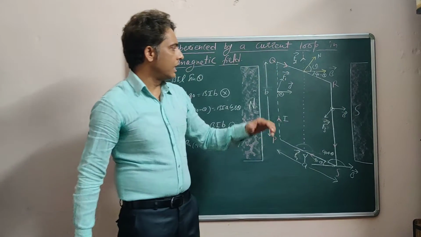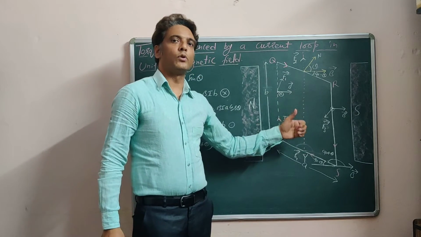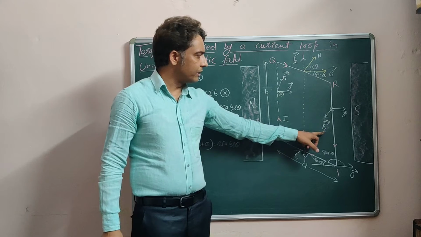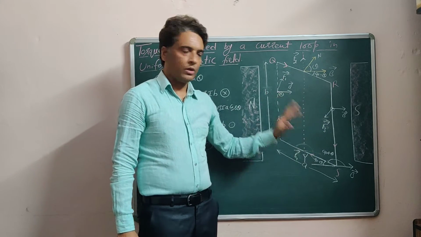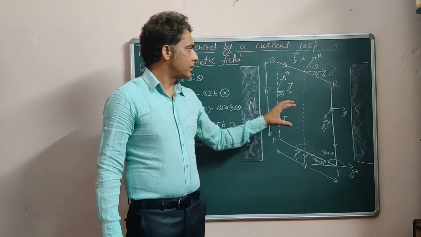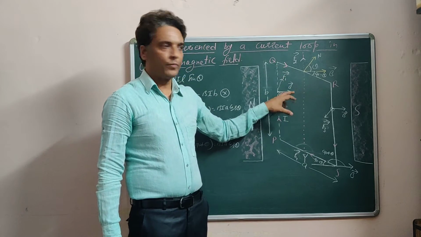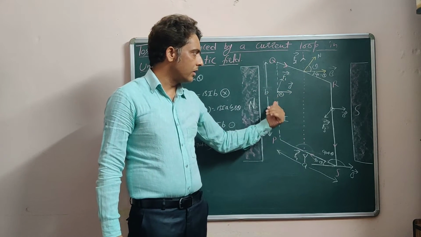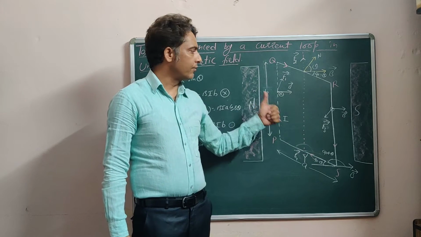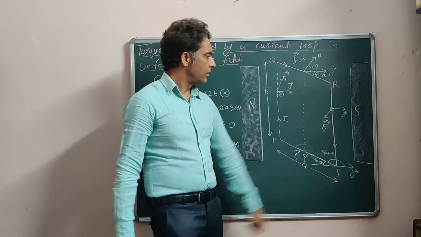So they are also acting in opposite directions. So the resultant of F1 and F3 is also 0. So we can say that the net force on this current carrying loop, when it is suspended or placed in a uniform magnetic field, is 0.